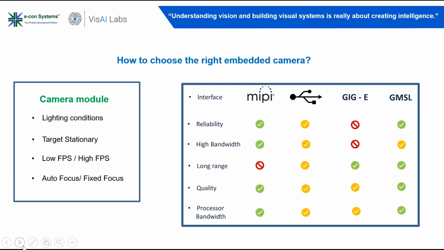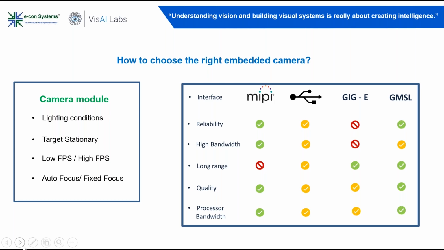Sunlight might whitewash the complete image. You might also get both bright light and dark light in the same scene. So getting sharp images for facial recognition or a similar application is going to be really tough. If you choose a high dynamic range sensor, that could really help in this situation. An HDR sensor can capture images with two different exposures and merge them together to get the right mix.